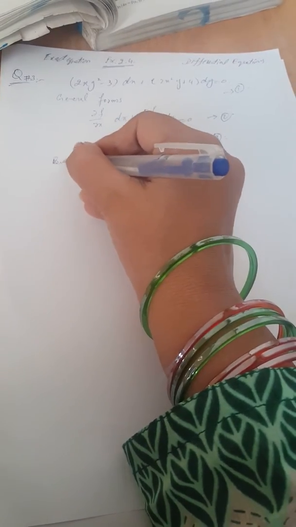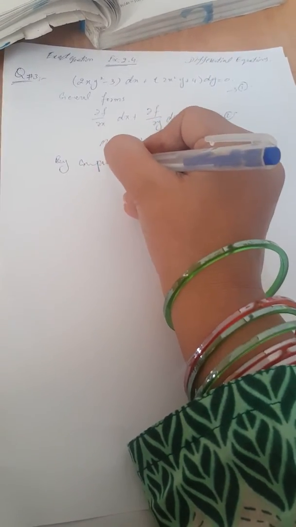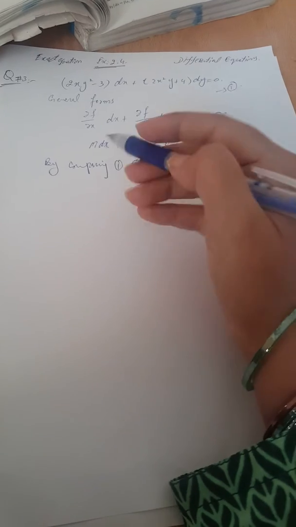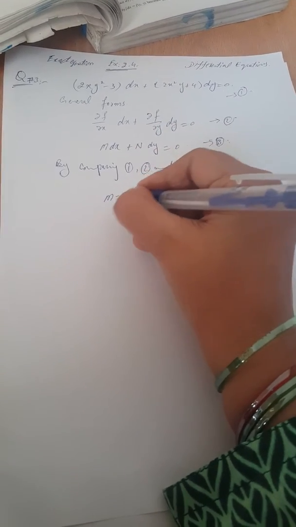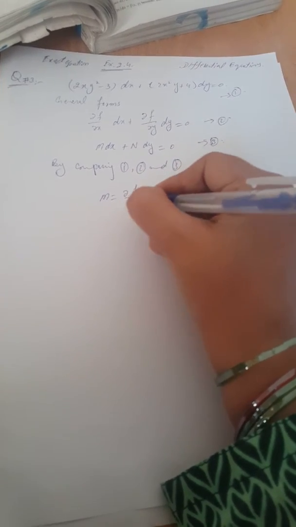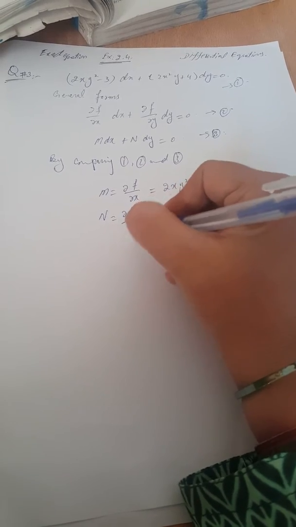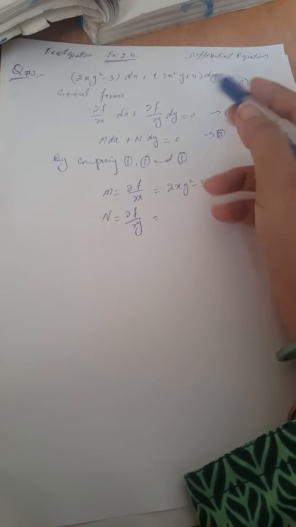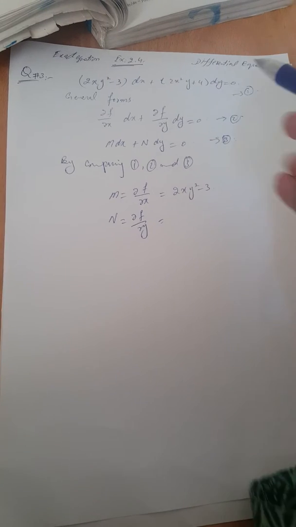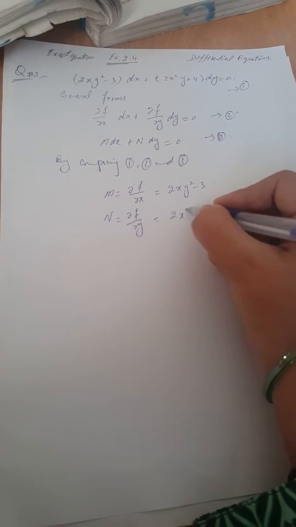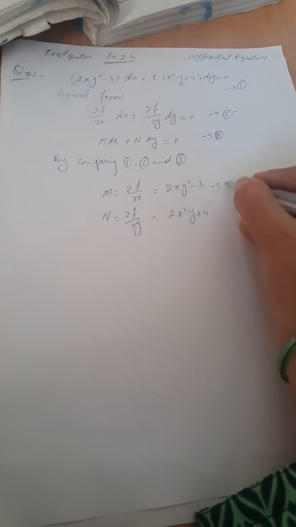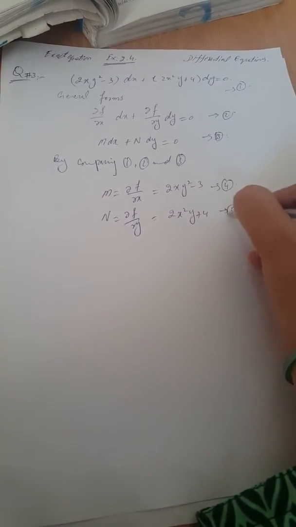By comparing them, the coefficients of dx are equal, so M is equal to partial f by partial x is equal to 2xy square minus 3, and the coefficients of dy are equal, so N is equal to partial f by partial y is equal to 2x square y plus 4. I write these as equation number 4 and equation number 5.